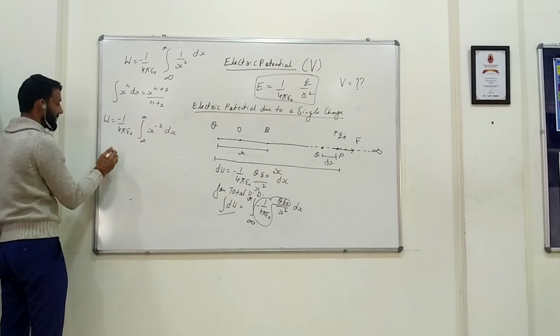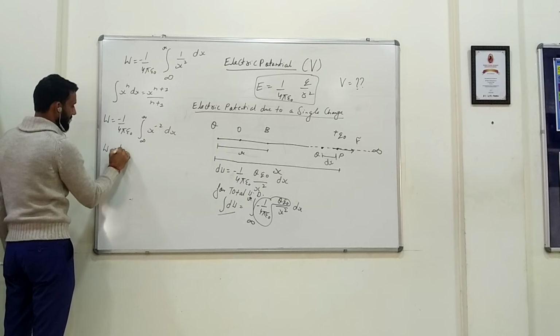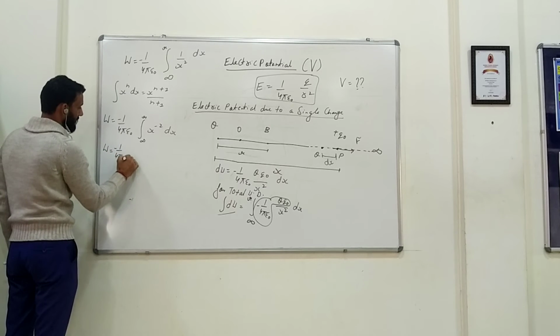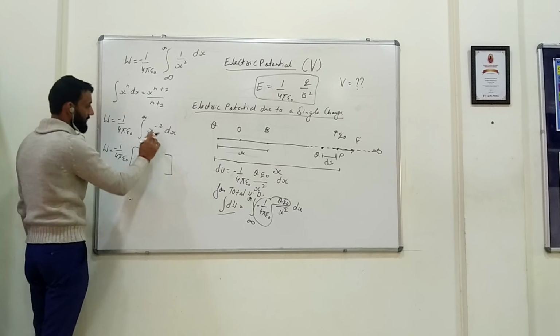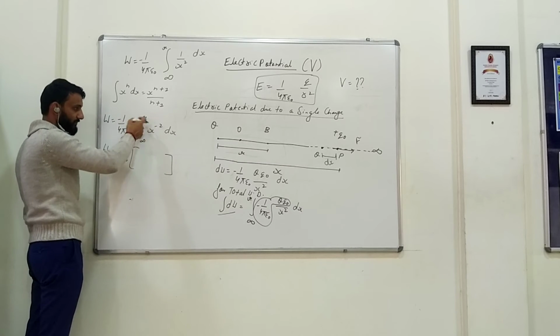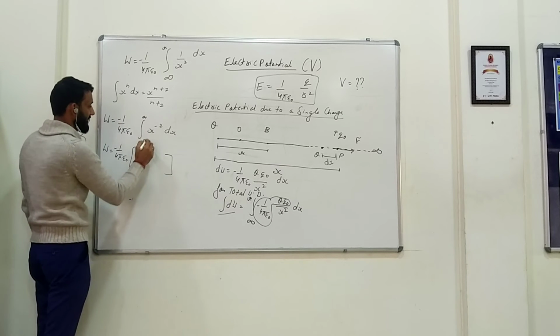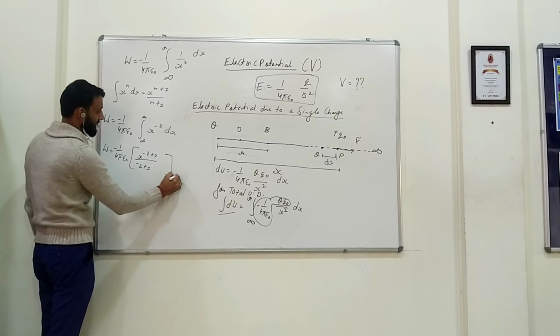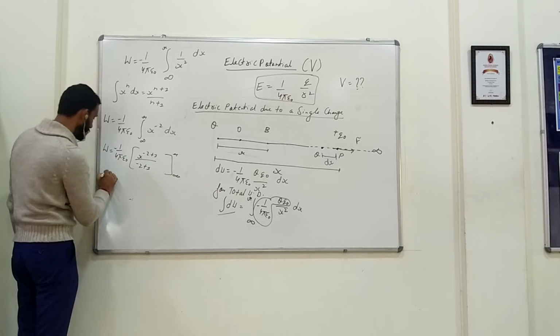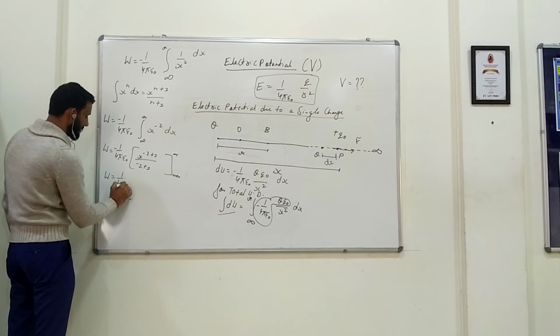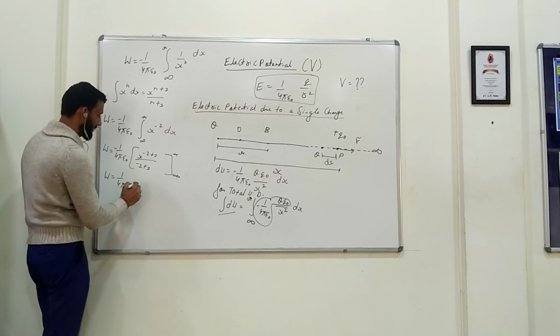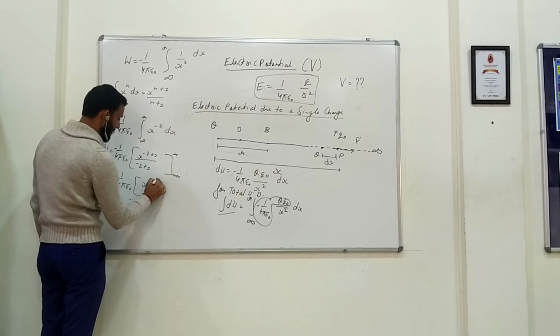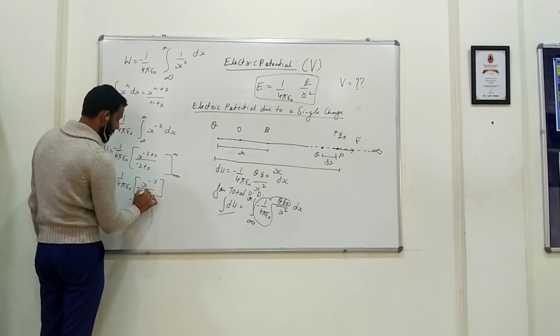So now use this minus 1 upon 4 pi epsilon naught. When we apply the formula, we remove the integration sign, and it will be x to the power minus 2 plus 1 upon minus 2 plus 1, and then infinity to r. 1 upon 4 pi epsilon naught, it will be x to the power minus 1 upon minus 1.